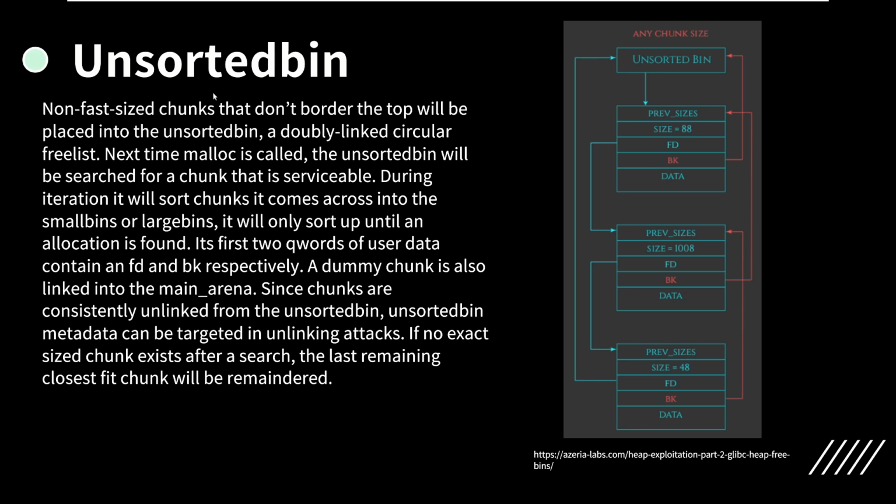It's a doubly linked circular list, so there's a tail that points back to the head. When we free a chunk and it's not serviceable to be put in the fast bins, it will be put in the unsorted bin, where next time we call malloc, it actually gets sorted into a small bin or large bin, depending on the size. So free actually doesn't handle the unsorted bins. It only puts stuff and links stuff into them.